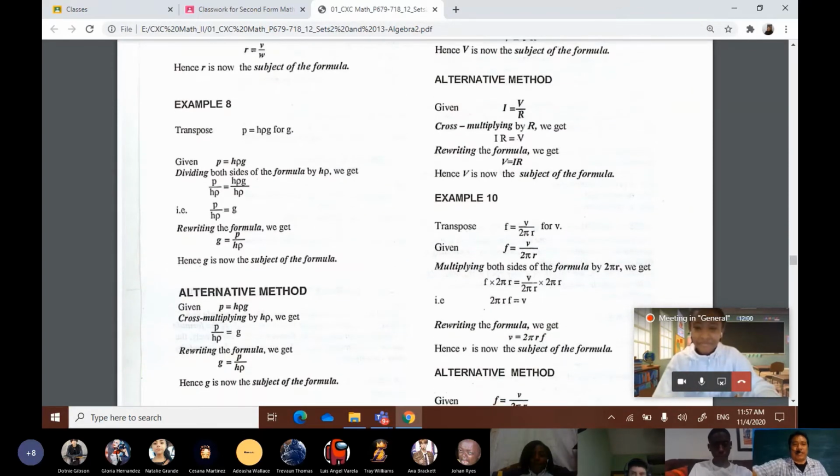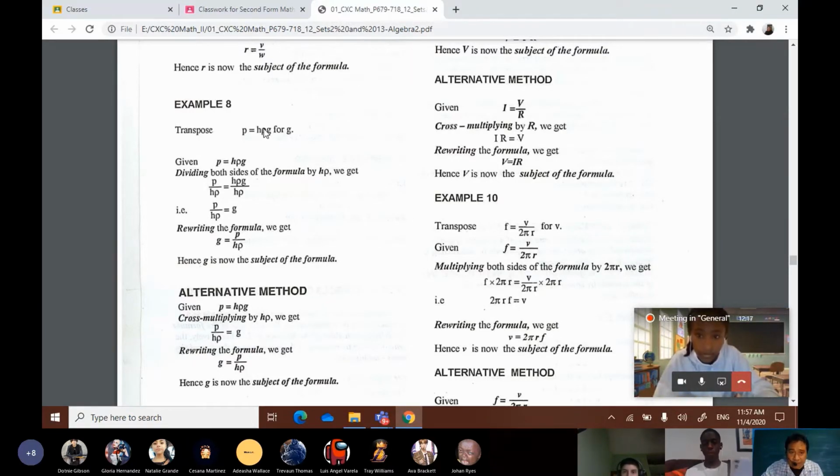A little sample here. Note that it doesn't have to be a single digit. Look at example 8. It says transpose P equal H rho G for G. This little symbol here is not a P. It is rho. Remember to go and look at your Greek alphabet. So it says given P equal H rho G, divide both sides of the formula by H rho because we want G as the subject.